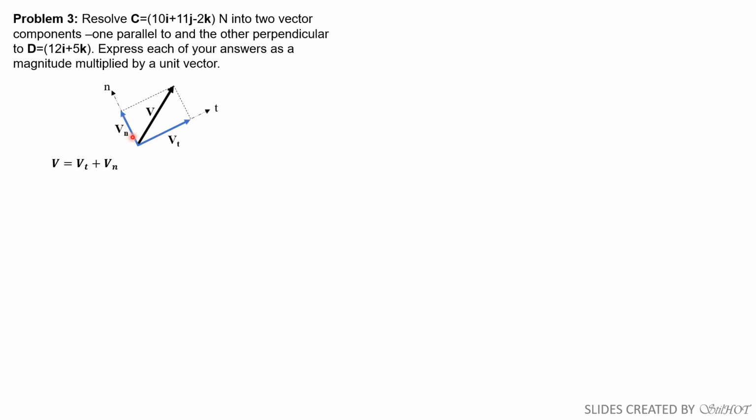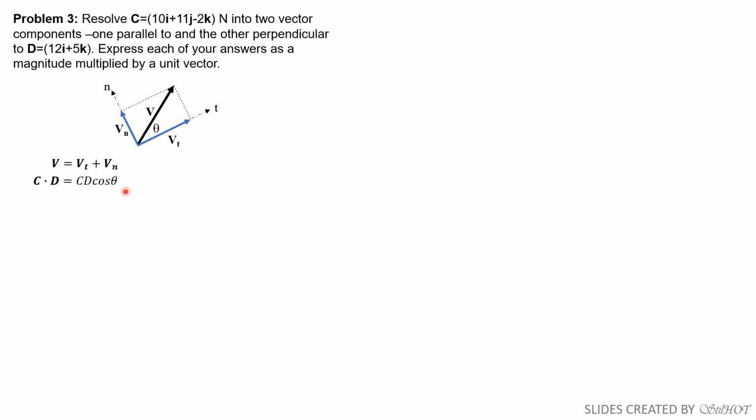Since these two directions are mutually perpendicular to each other, the vector C is simply the tangential component plus the normal component. Of course, the tangential component is simply vector C cosine of theta.